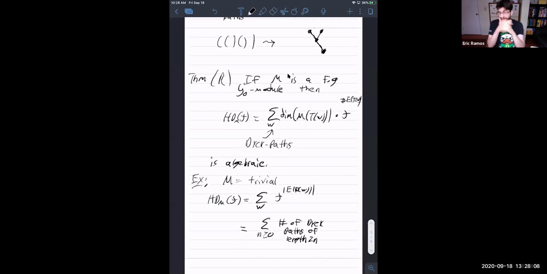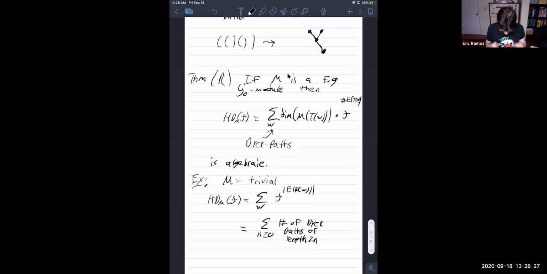So this illustrates why I'm looking at these combinatorial coarsenings of these objects, because the objects themselves might be a bit out of our reach.